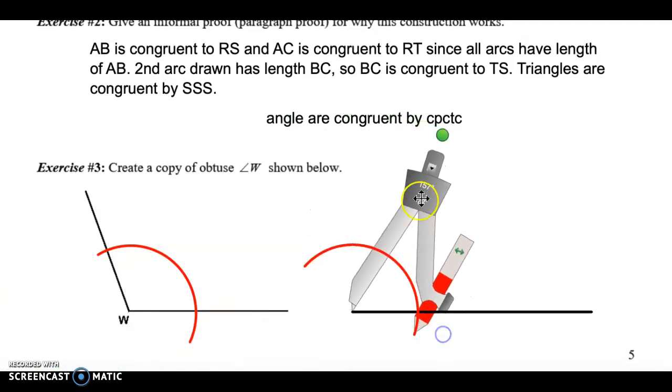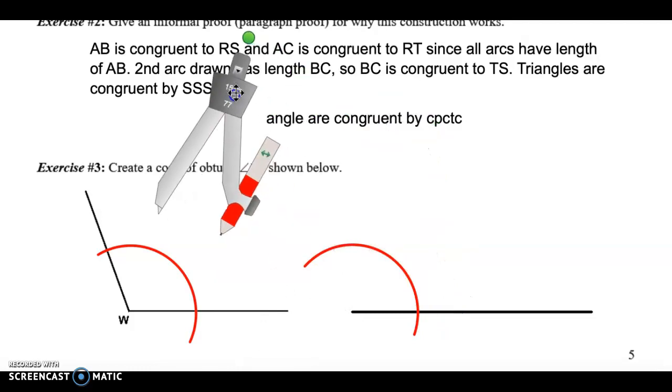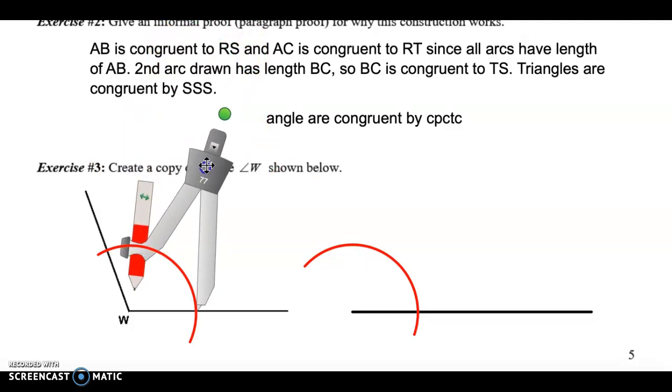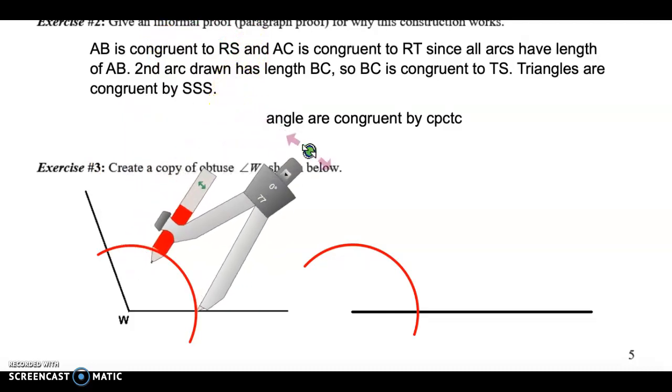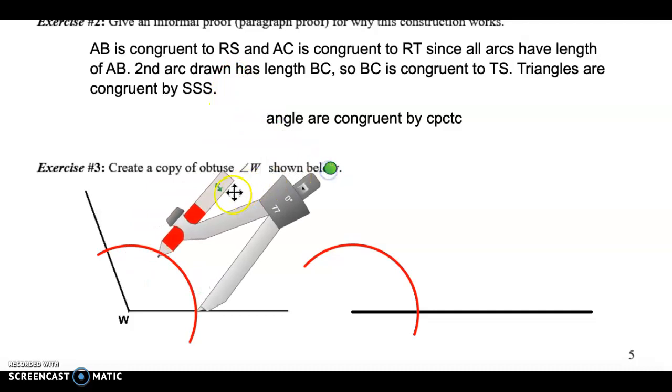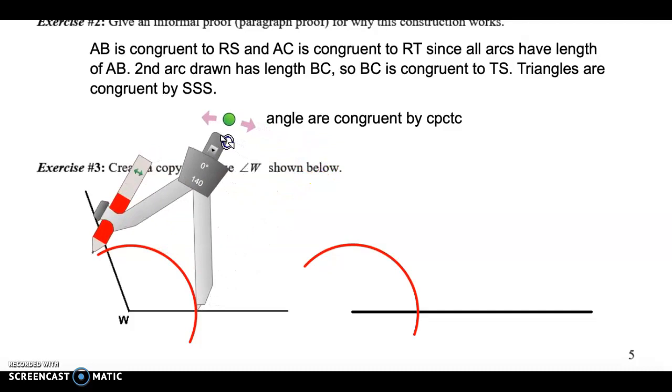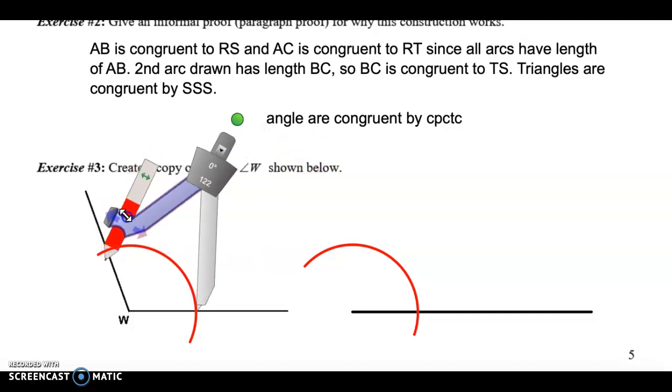This is an obtuse angle, so I will make sure to make that arc a little bit bigger. So again, I drew a ray, the bottom ray of the angle where I'm going to copy it. I go back to angle W and draw an arc, and then I did that same arc on the angle where I'm trying to copy it.